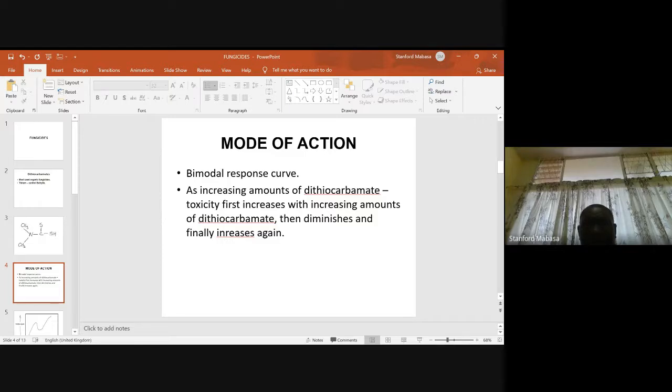But there comes a time when that diminishes. And if you continue to increase the rate of dithiocarbamate, it will again peak and start increasing again.